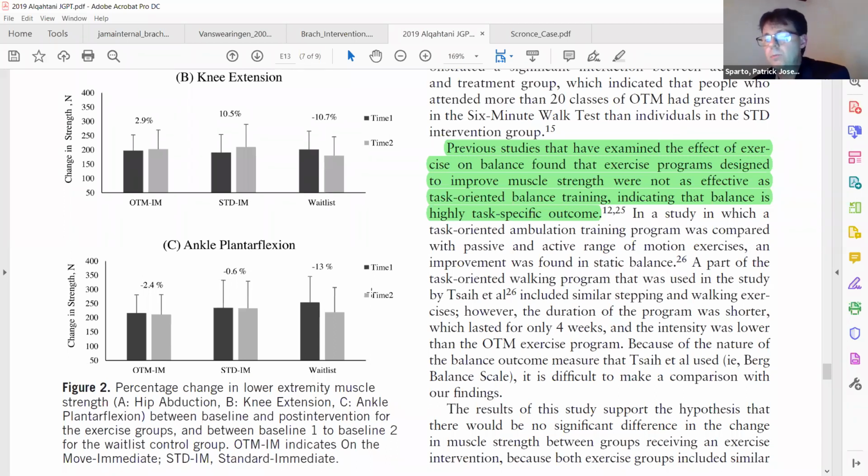Part of the intervention in these exercise programs was strengthening exercises, so I think that goes along with the strengthening exercises that were being performed. We can't necessarily attribute that to the walking patterns.